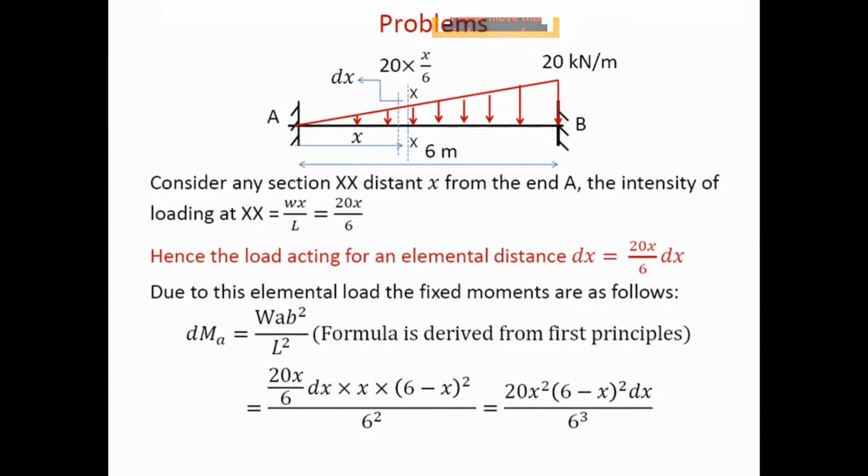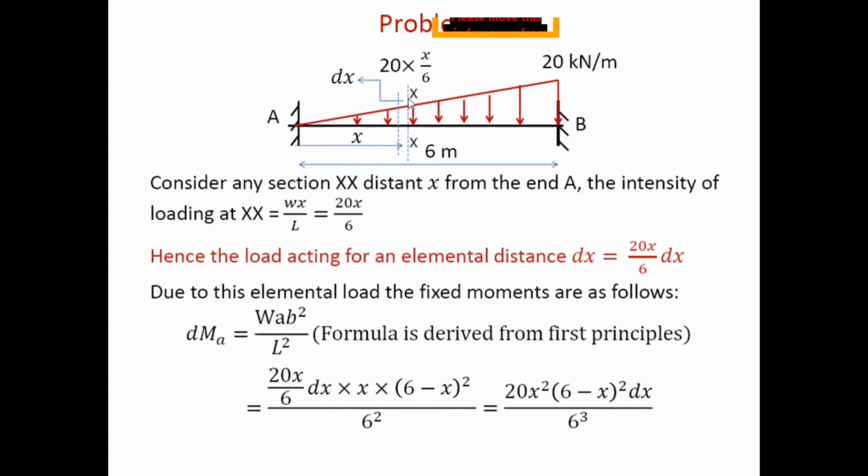Since this is a varying load, we are going to consider one origin. Our origin will be on support A. From this origin, we are going to take a section at a distance x, and it is the distance of the elemental strip that we have considered here.